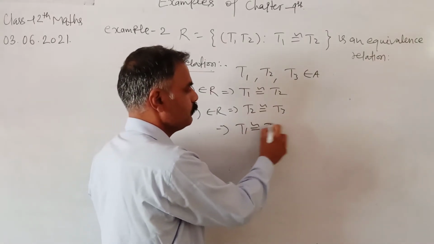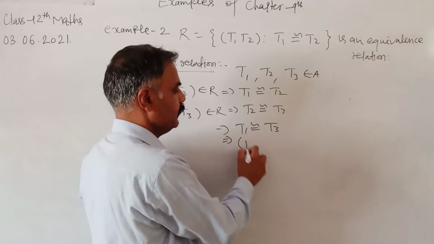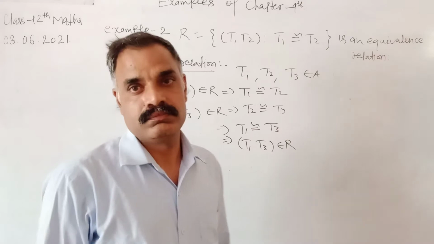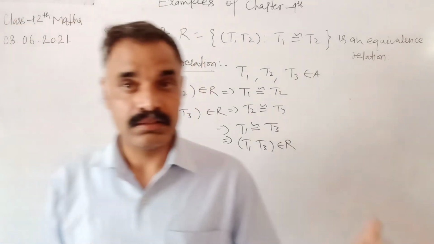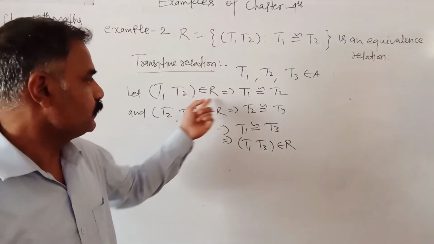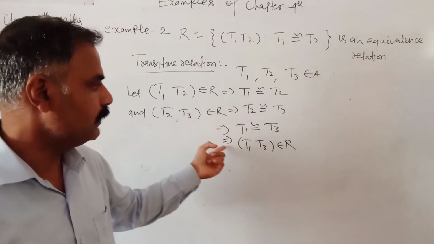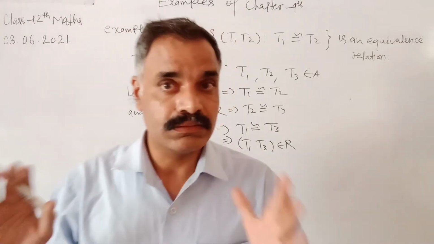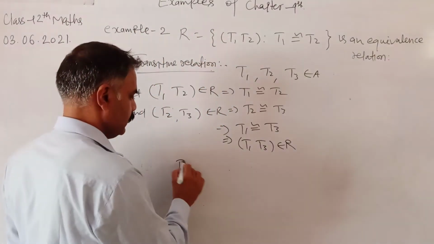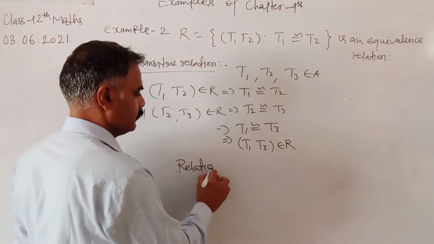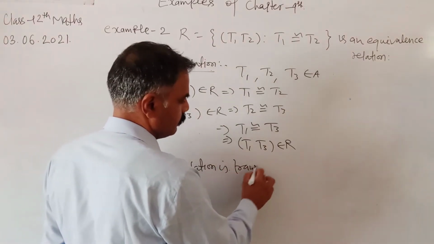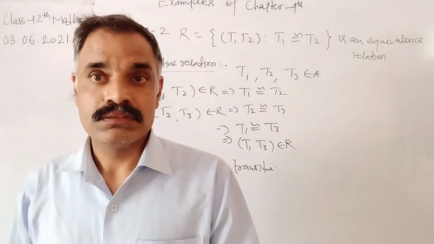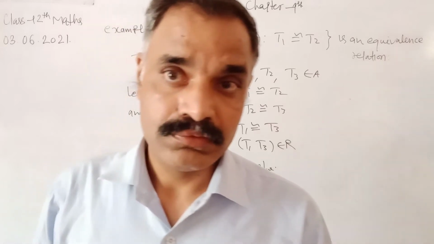It means (T1, T3) belongs to the relation R. So (T1, T2) belongs to R and (T2, T3) belongs to R implies that (T1, T3) also belongs to R, meaning the relation is transitive.